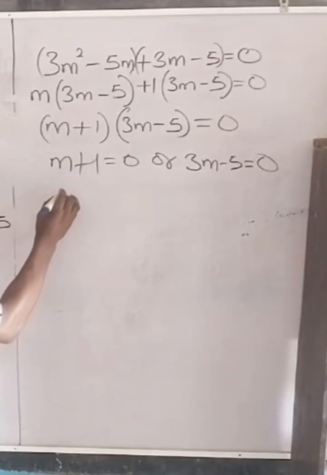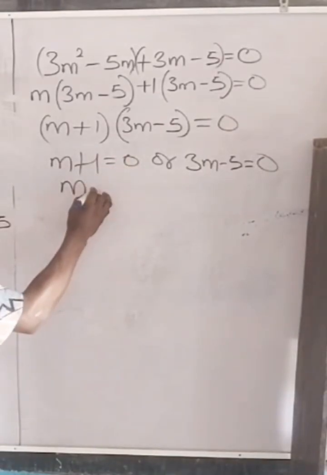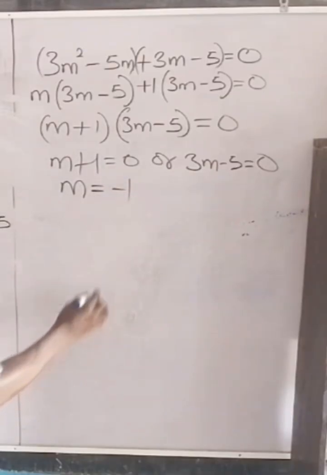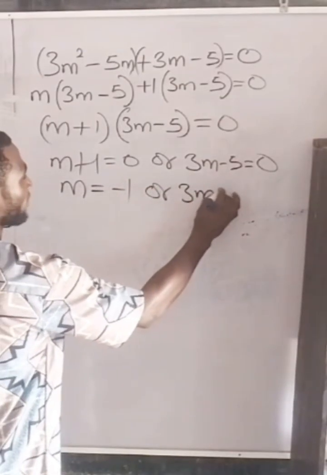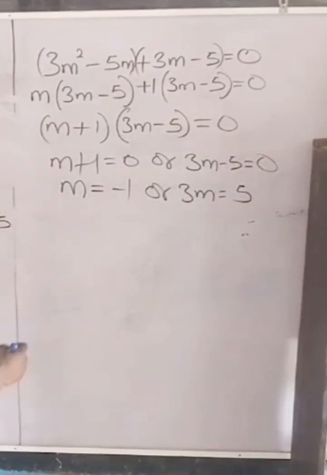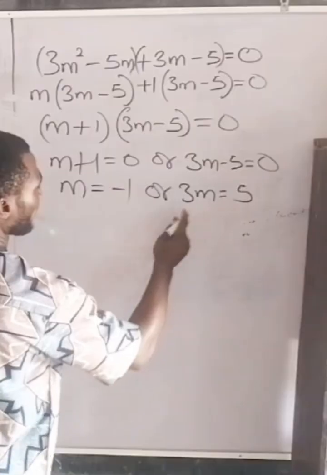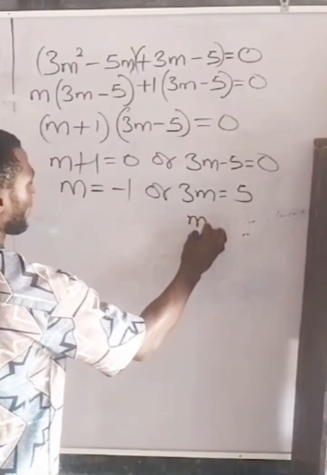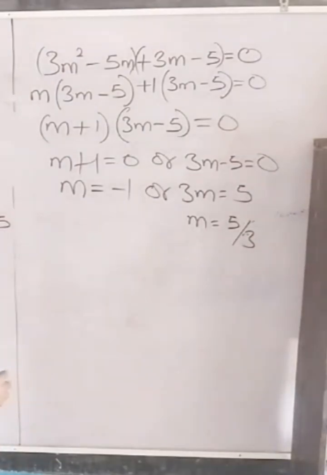By further simplification, we are going to have m, if the 1 comes here, it becomes minus 1, or 3m = 5. Now this is still the same thing as dividing both sides by 3. You have m = 5/3.